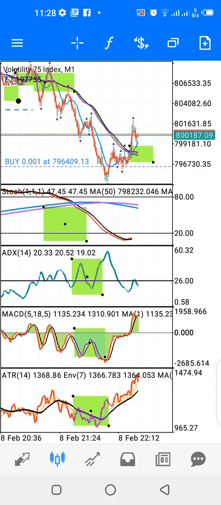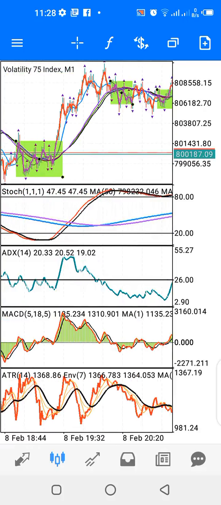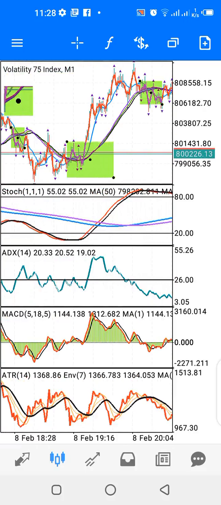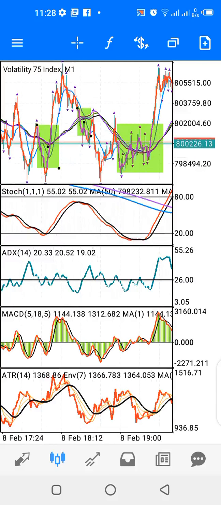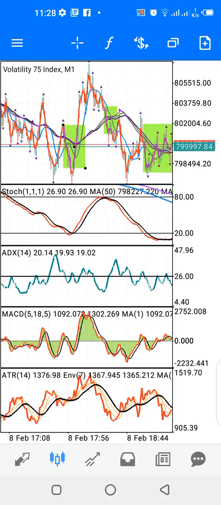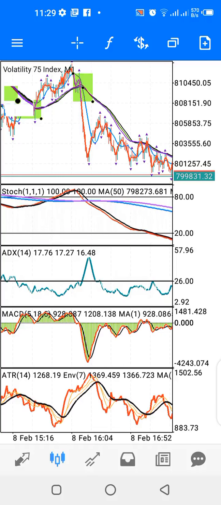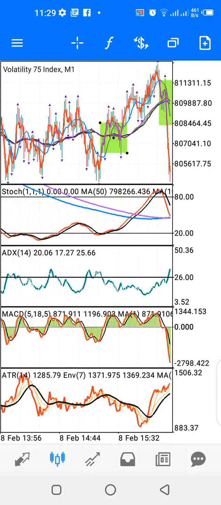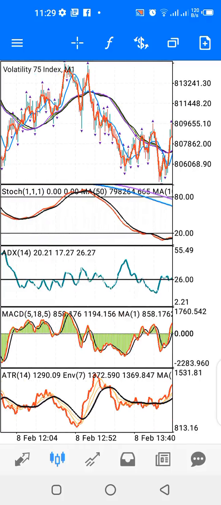So it's like a breakdown for price to sell. But right now we're having a buy here. So that's basically how it works: you have a buy here, you have a small sell around here, a buy here, a sell here, a buy here, a sell, you have a sell somewhere around here.